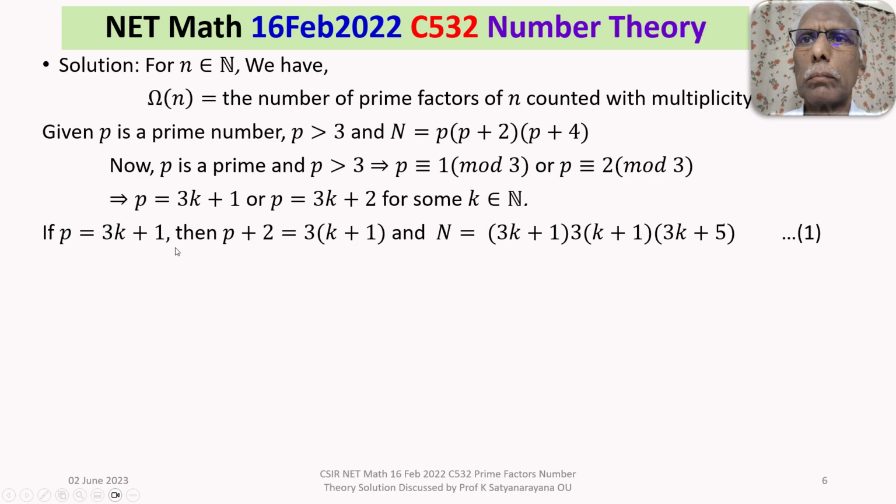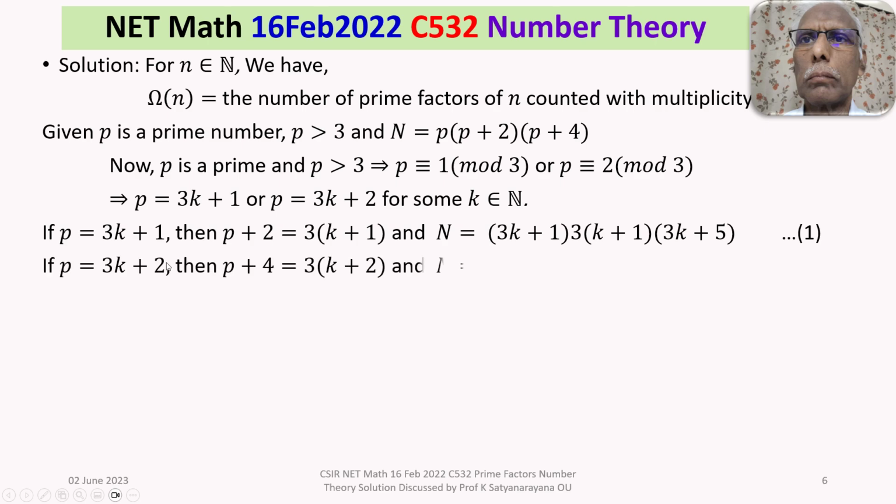And when p is equal to 3k plus 1, p plus 4 will be 3k plus 1 plus 4, 3k plus 5. So capital N is equal to p, which is 3k plus 1, p plus 2, which is 3 into k plus 1, p plus 4, that is 3k plus 5, that is capital N. Let's call this equation 1.